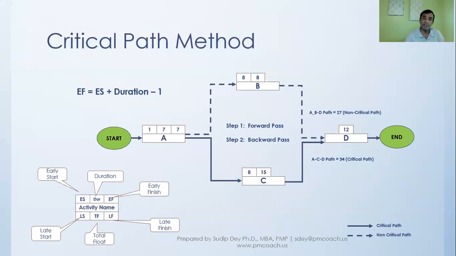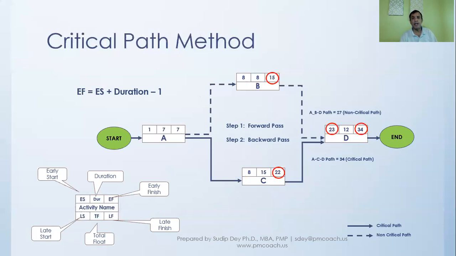Activity B will start after activity A, and the same goes for activity C. So we are now calculating the early start for activity B and activity C. The way we calculate it is the early finish for activity A plus 1.